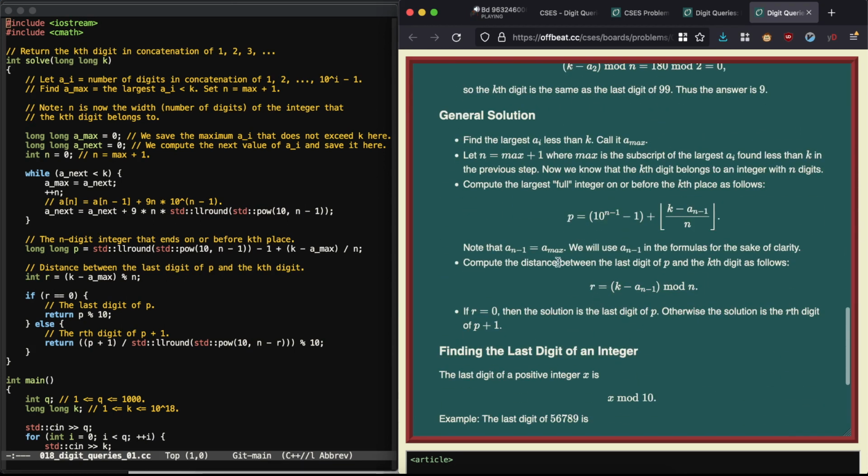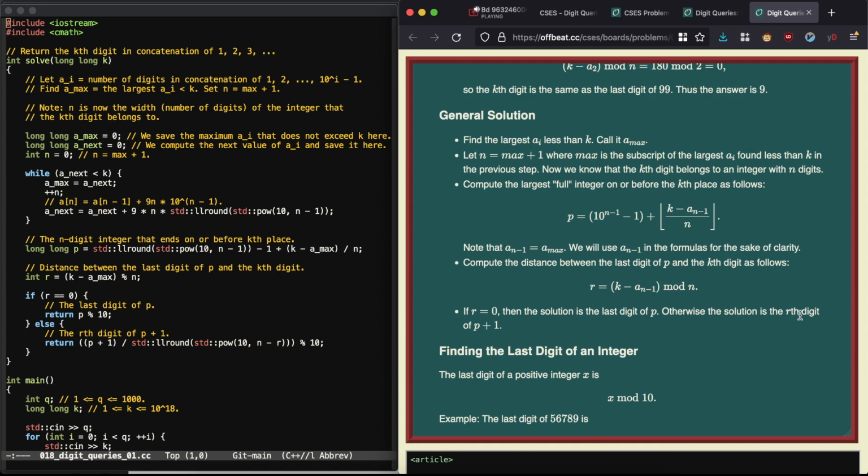Understanding that, we want to compute the distance between the last digit of p and the kth digit. So how many integers have spilled over after the end of p, and that is k minus a_{n-1} modulo n, just like we did earlier. Now if r equals 0, then the solution is the last digit of p, which means the arrow is aligned with the end of the second peg number.